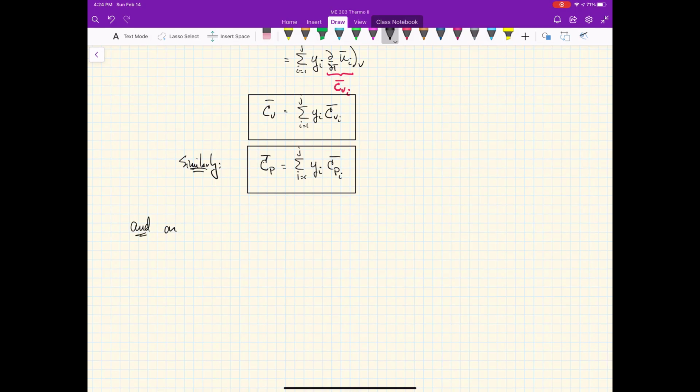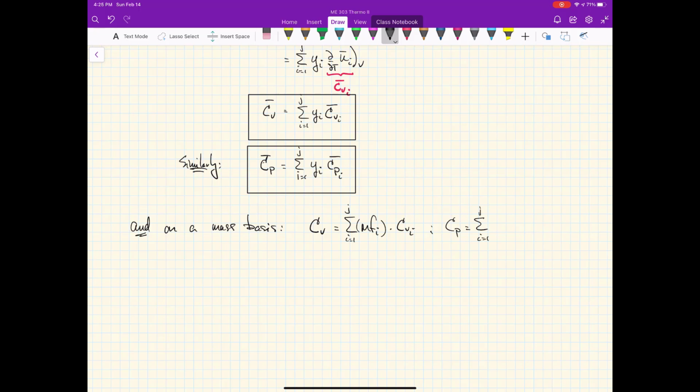And on a mass basis, the specific heat at constant volume is going to be equal to the sum of the mass fractions, not the mole fractions, for each of the individual components, times their own specific heat at constant volume.